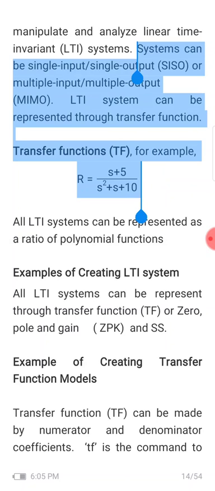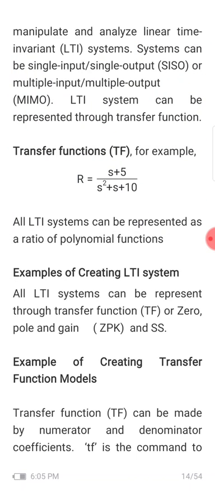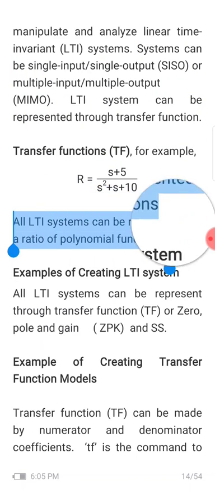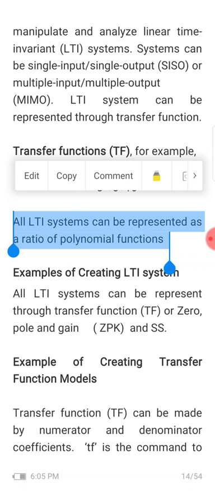Now take one example, G equal to s plus 5 upon s square plus s plus 10. So this LTI system can be represented as a ratio of polynomial functions. Now the example of creating LTI system transfer function.